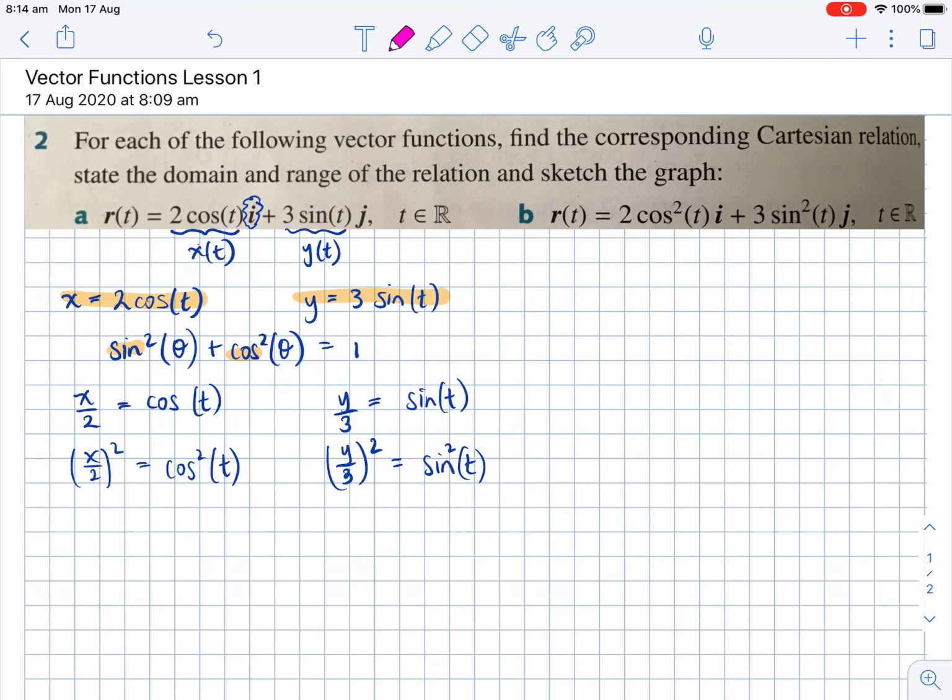If I substitute the y on 3 squared in for sine squared, and I substitute the x on 2 squared in for cos squared, it looks like this.